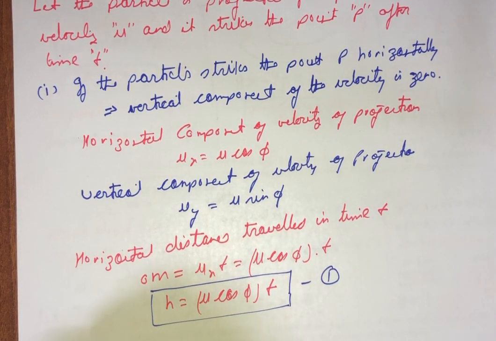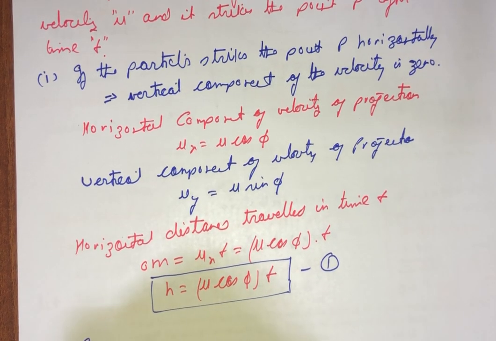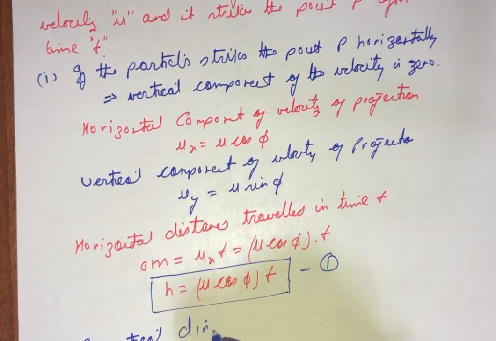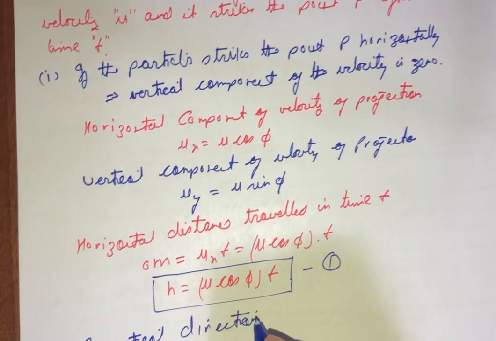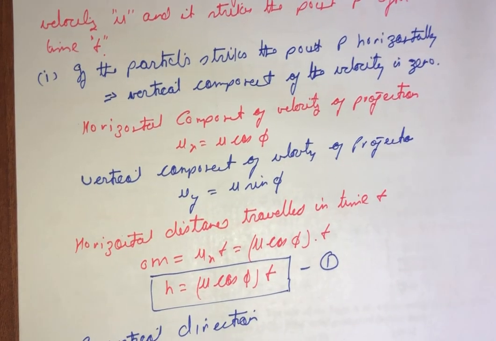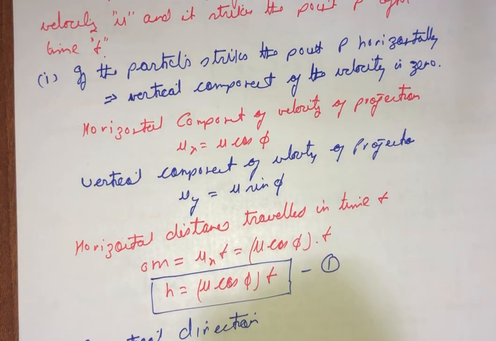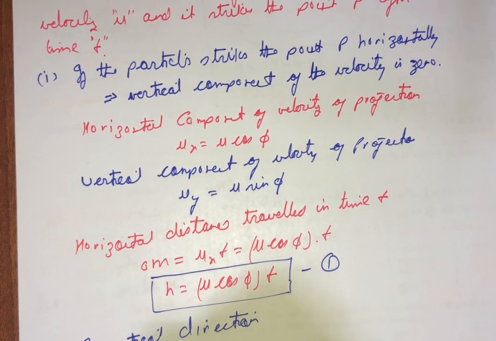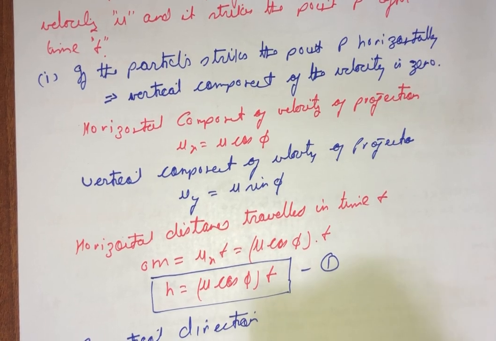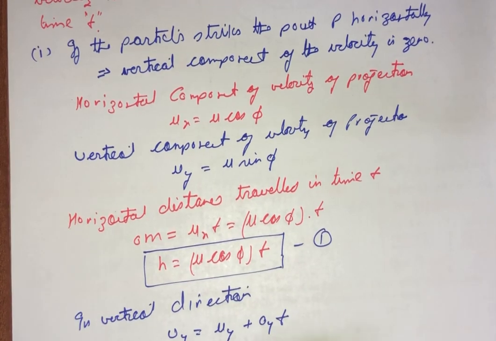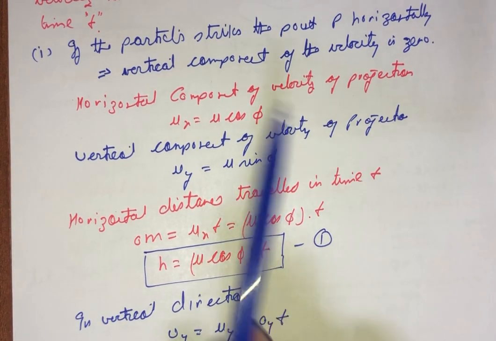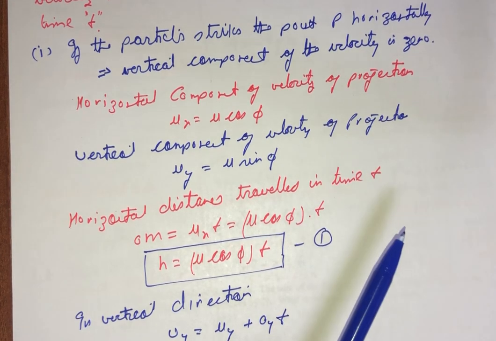In the vertical direction, the final velocity Vy will be equal to initial velocity in y direction plus acceleration in y direction multiplied by time t. We already stated that the vertical component of the velocity at point P will be equal to 0.